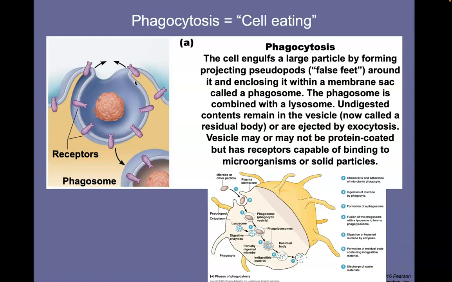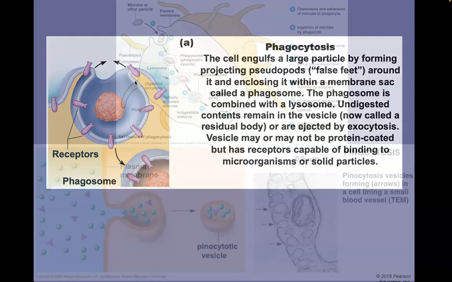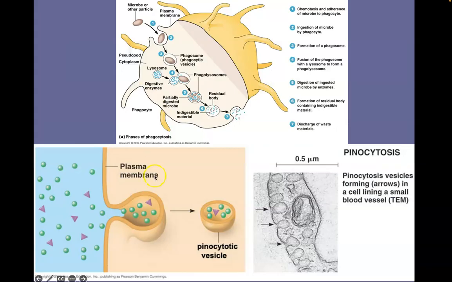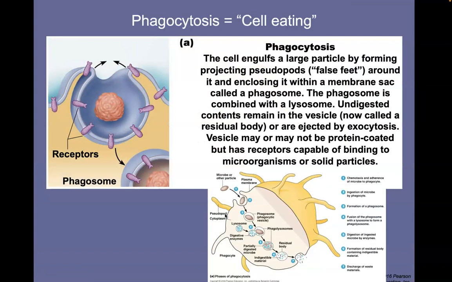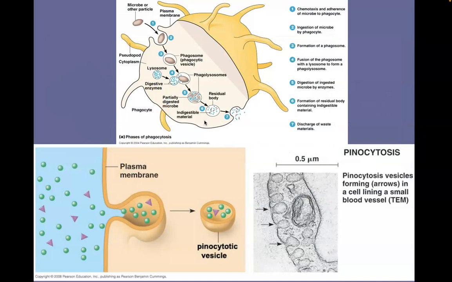In this case, for phagocytosis, we call it a phagosome. For pinocytosis, not really important, they call it a pinocytotic vesicle, okay? Again, we have to give all these fancy names to these terms. But I don't really care that you know the name of the pinocytotic vesicle.